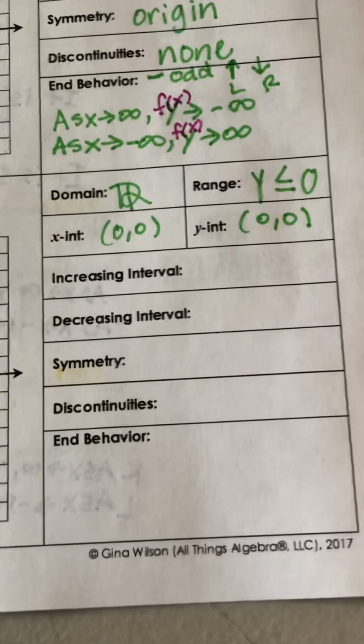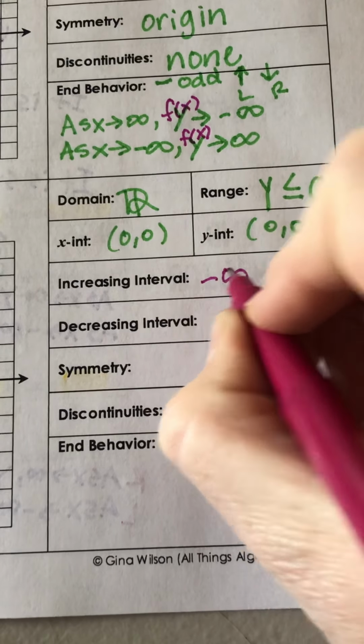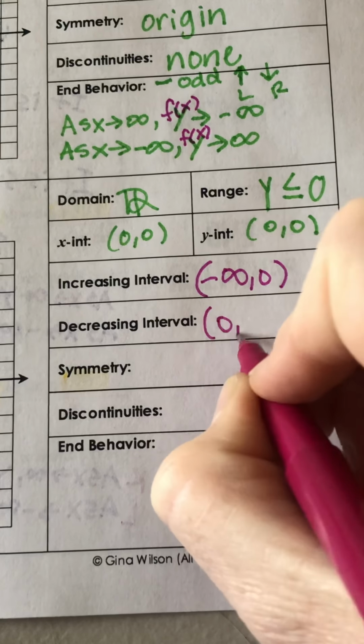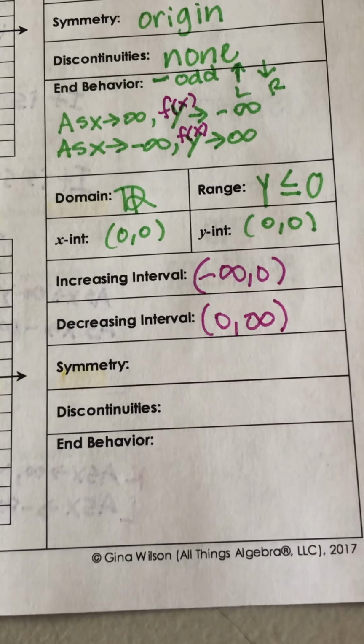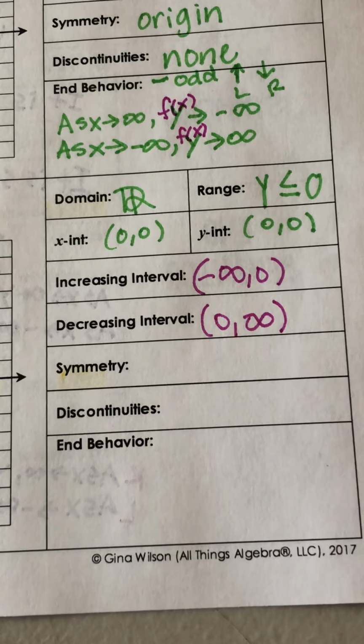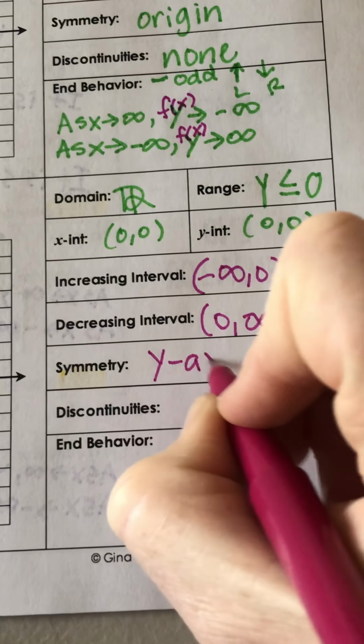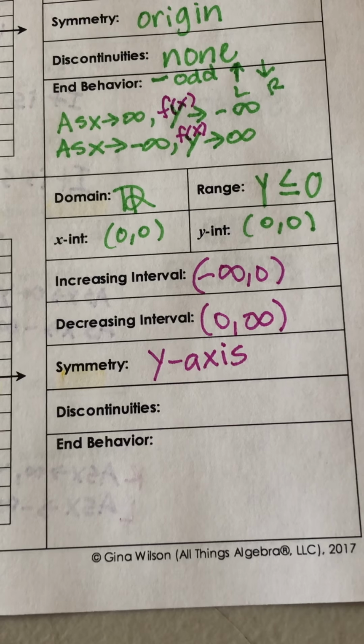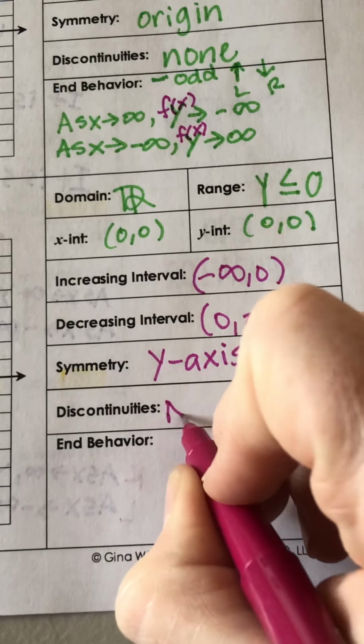So we are at increasing interval negative infinity to 0 and decreasing 0 to infinity. Okay, symmetry, y-axis because it's even. Discontinuities, there are none.